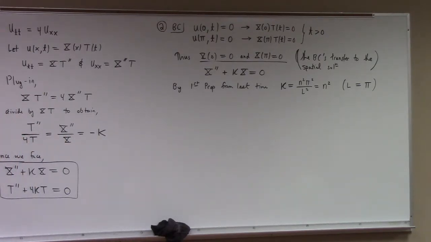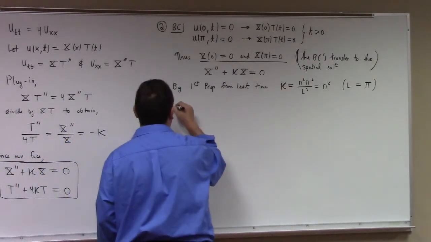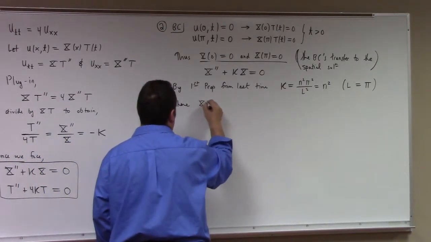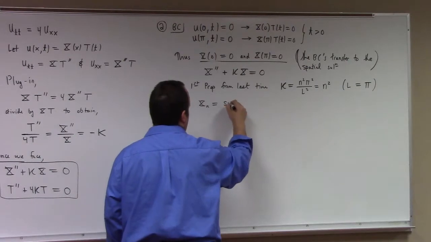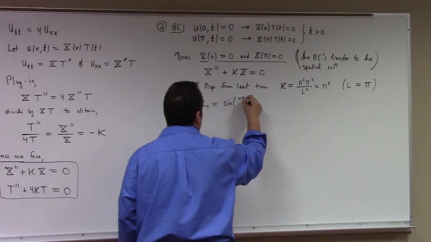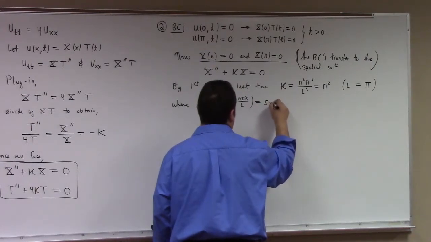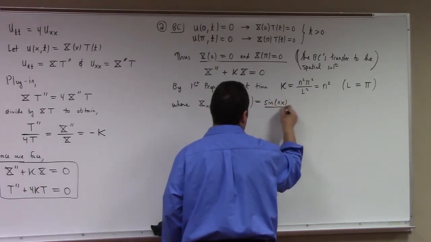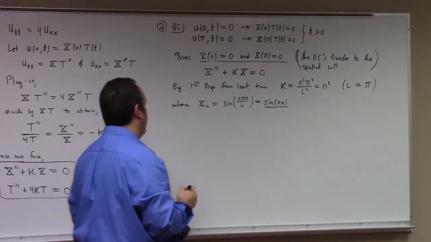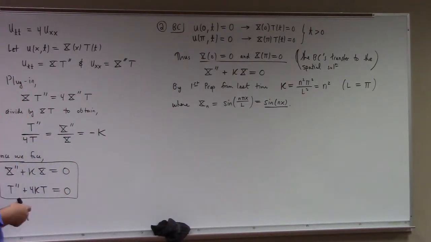And the solution was X_n = sin(n pi x / L), which here is just sin(nx).